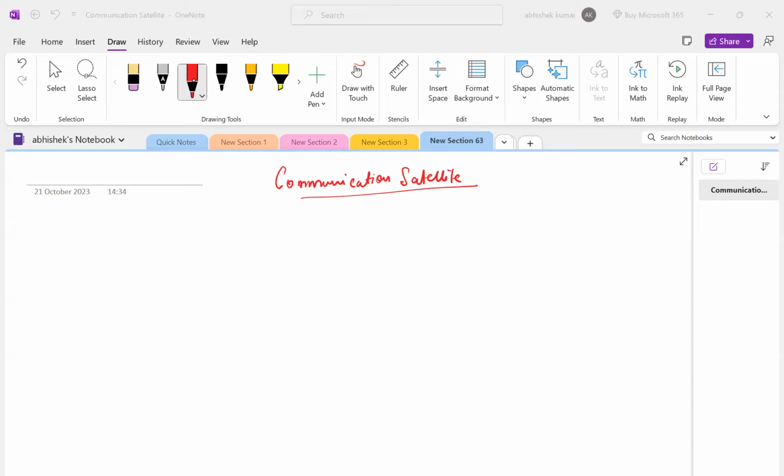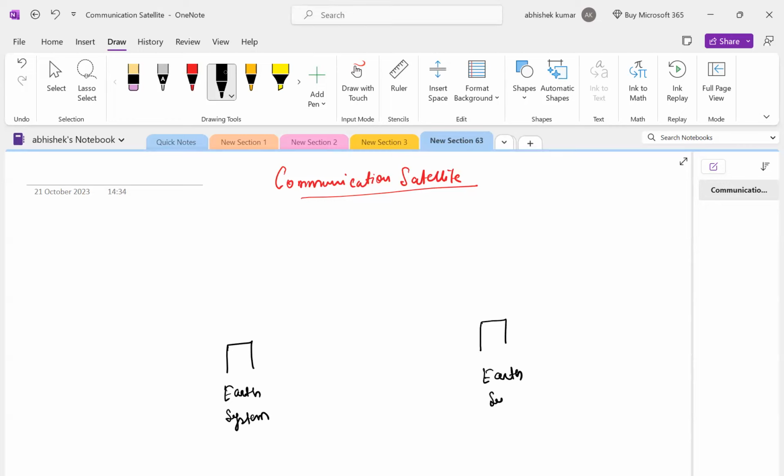So, this is the satellite communication we will be studying. In satellite communication, we have two Earth systems, and we have a satellite system here in the cloud.